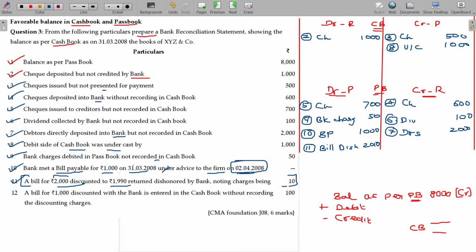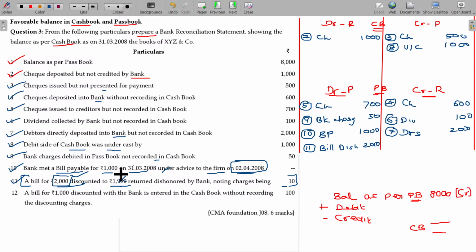The bill worth is 2000 rupees, encashed for 1990. The difference between these two is nothing but interest. If it is not collected, you have to pay full value, not this value. Because the bill is discounted 3 months earlier, by that time you might have received only a portion of it. The difference between these two is nothing but interest charges.